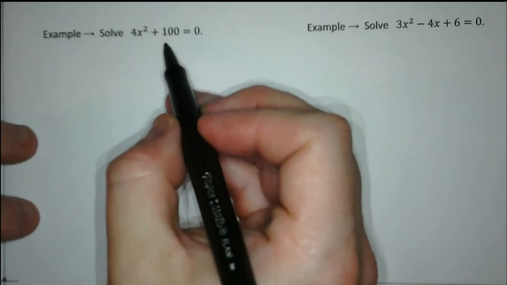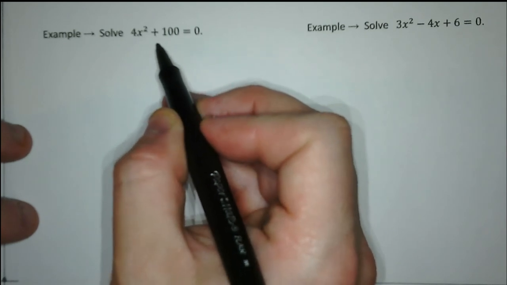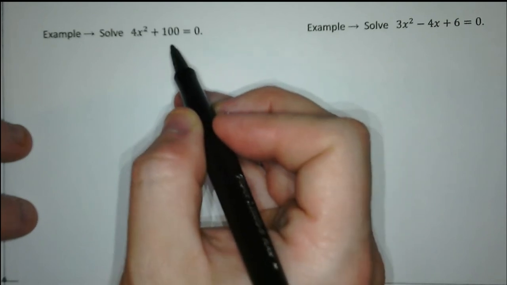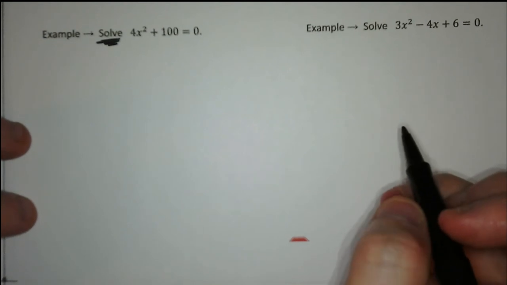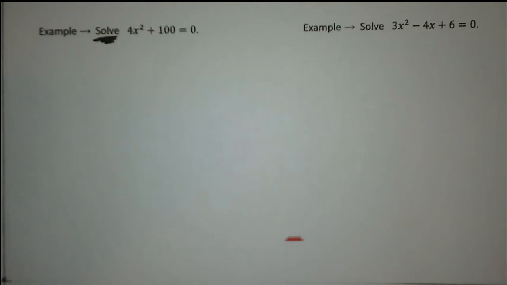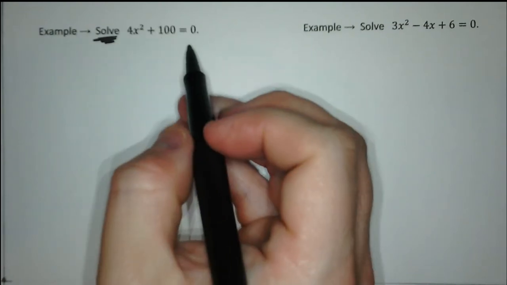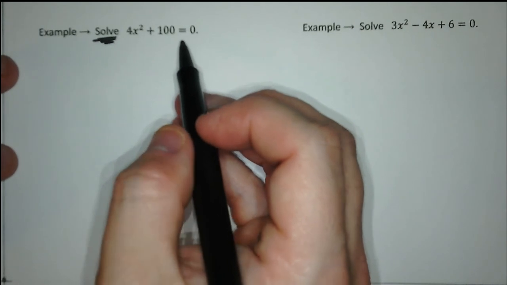This is now us referring back to section 4.5 and section 4.7, because now we're back to solving. I'm thinking about the big picture here. If on a test you just saw a random quadratic equation, what's the first strategy you would use?